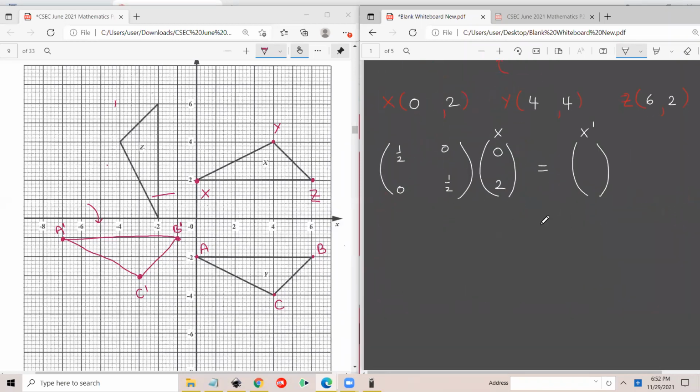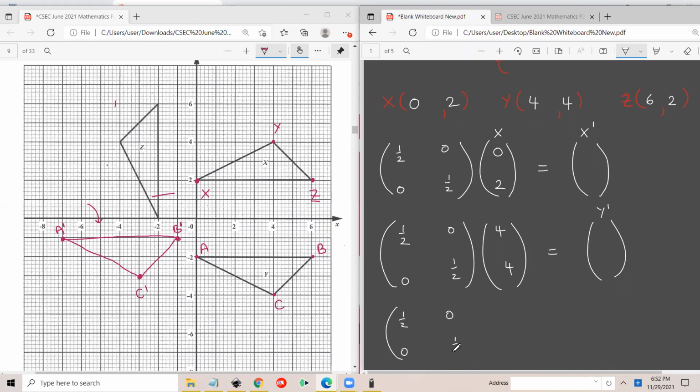And you have to do this individually for all the points, unfortunately. Multiplied by Y, and when you do that, you'll get Y dash. And then take it again and multiply it by Z, and you'll get Z dash.